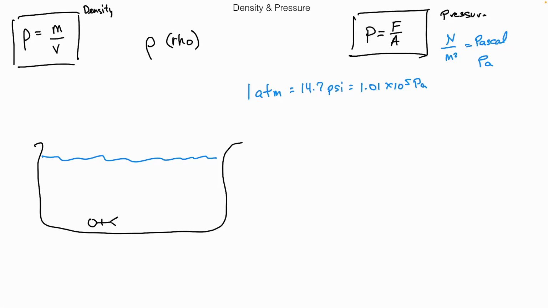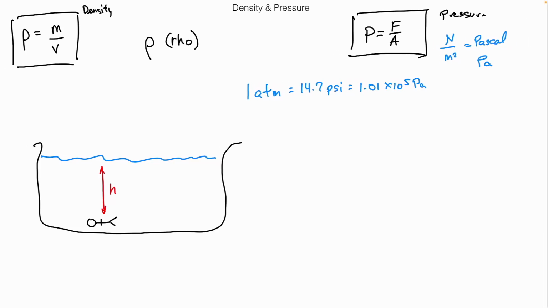You've gone down, and you are at a depth inside of this pool. Physicists are very weird. You know this already. And instead of calling this D, we're going to call it H. This is because in physics, we tend to think of the height of the fluid above you. So the depth of the water, we're going to call symbol H.